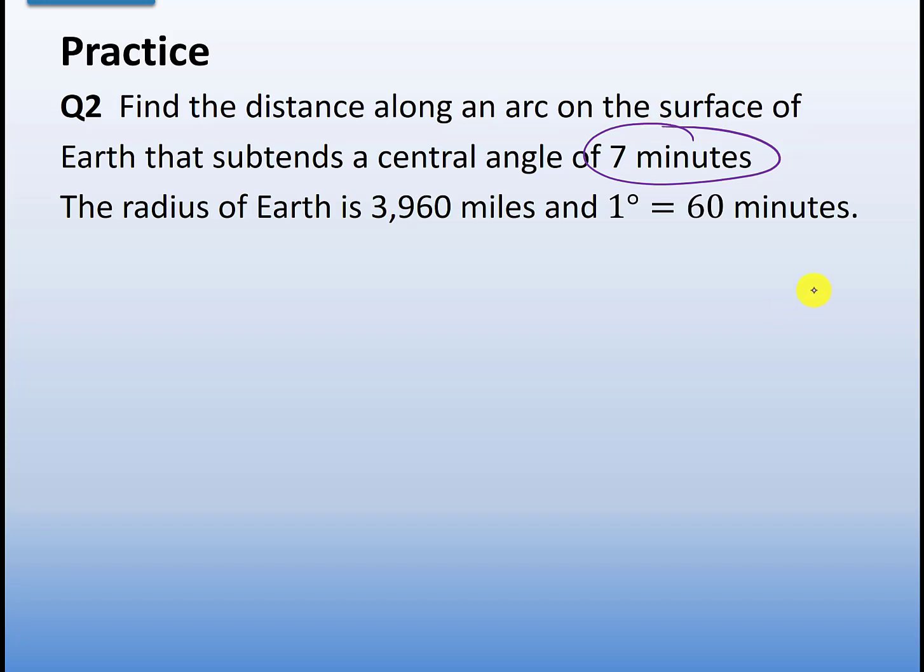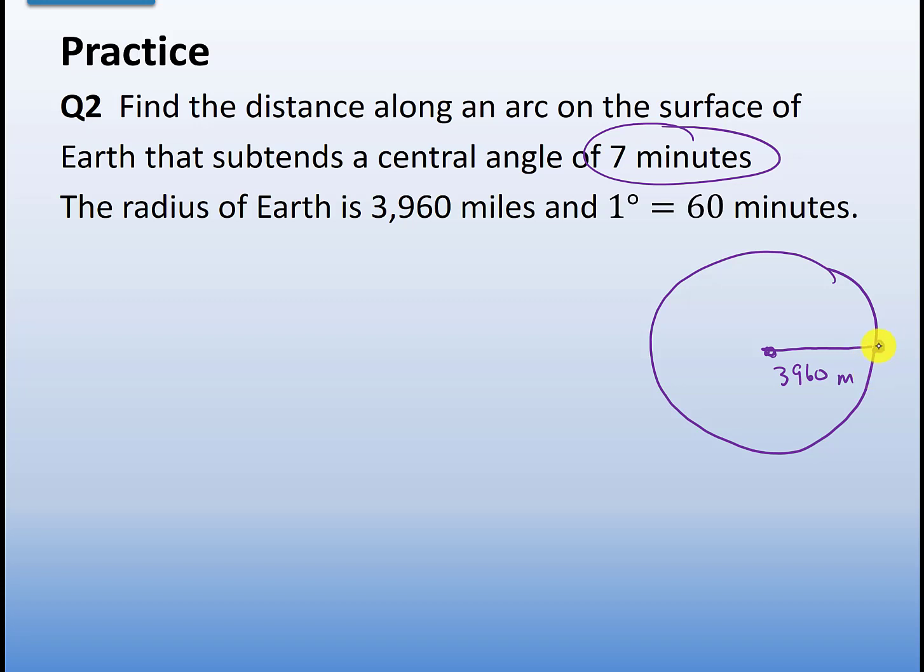All right, so imagine we're looking at the Earth, and we've got a radius of the Earth. It's 3,960 miles. And we're going to walk, or drive, or fly more like, but we're going to do an angle from the center.